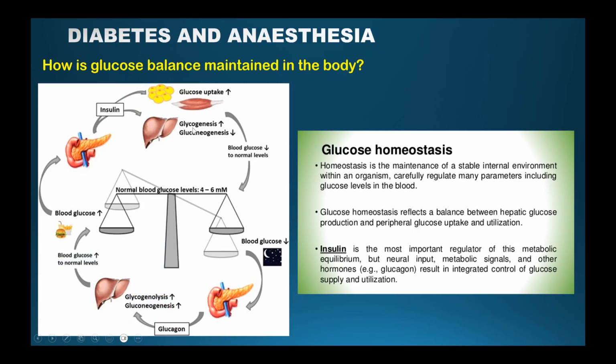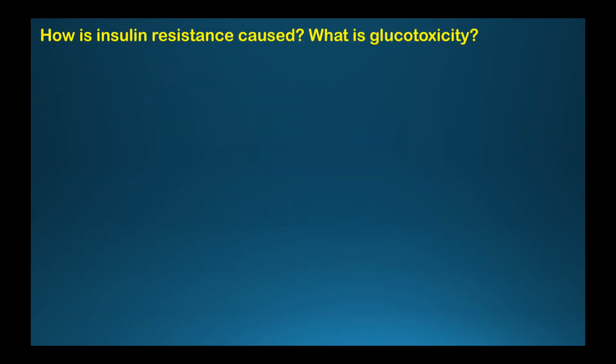So glucose uptake happens, gluconeogenesis is reduced, glycogen is formed, and blood sugar is brought back to normal. On the contrary, if blood glucose levels are reduced, then insulin production is reduced, counter-regulatory hormones are stimulated, all the glycogen stores are released, and blood glucose is brought back. So this is the basic mechanism of balance of blood glucose.